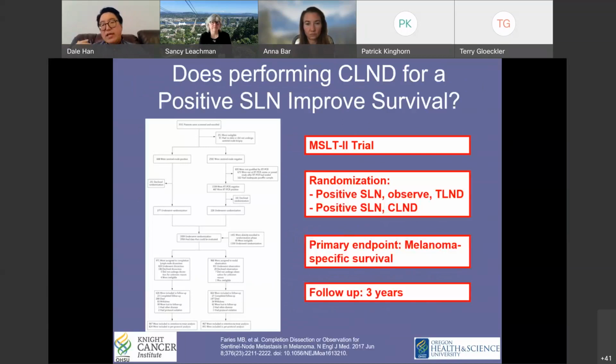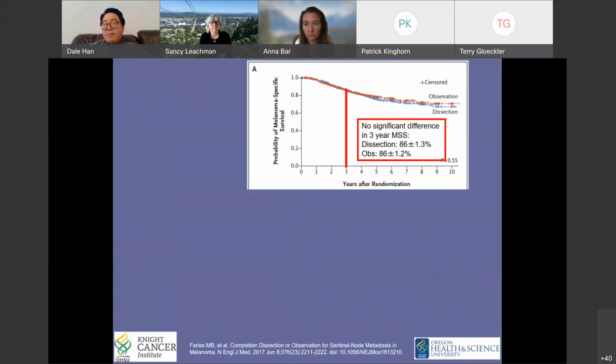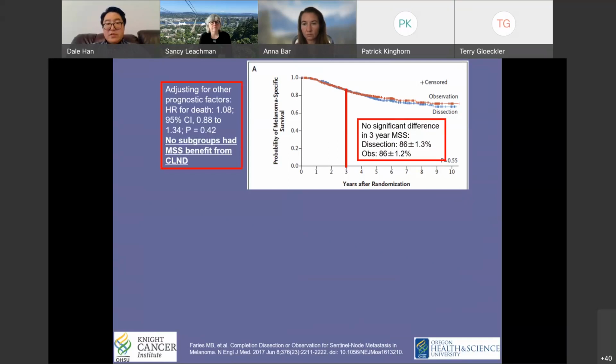The study that really altered the management of positive sentinel lymph node was the Multicenter Selective Lymphadenectomy Trial 2. In this trial, they basically randomized positive sentinel node patients to either observation of the nodal basins versus completion lymph node dissection. What they showed was that in patients with a positive sentinel node, whether or not you did or did not have a lymph node dissection made no difference in your 3-year melanoma-specific survival.